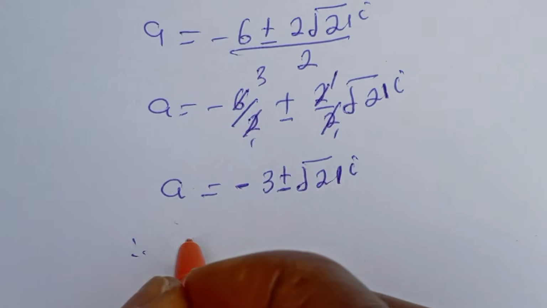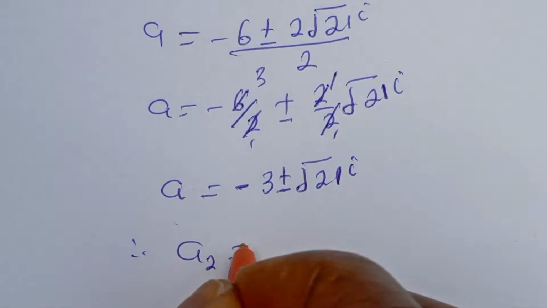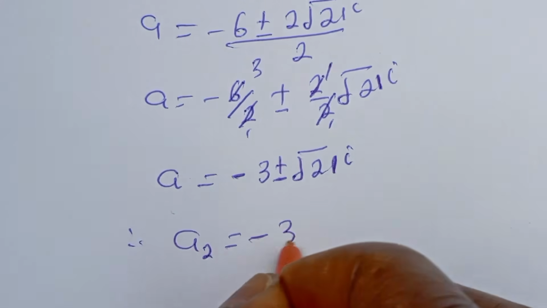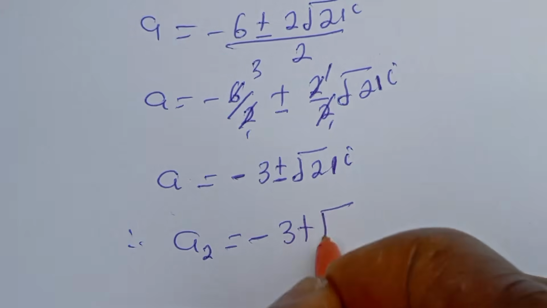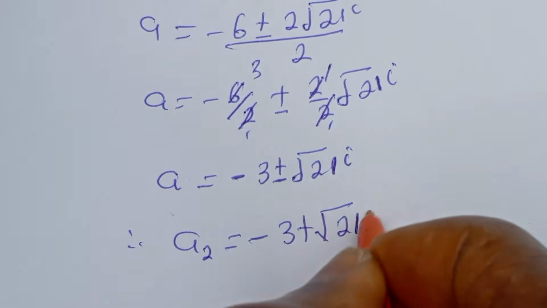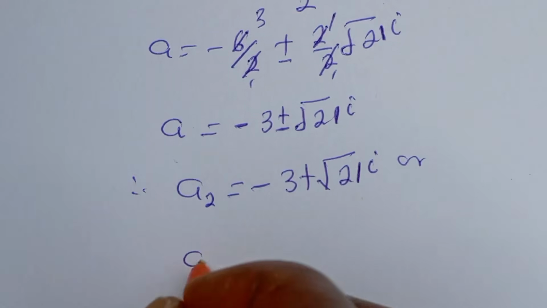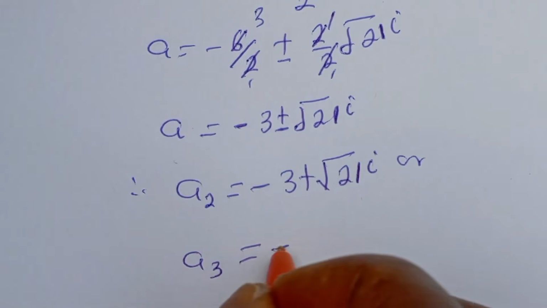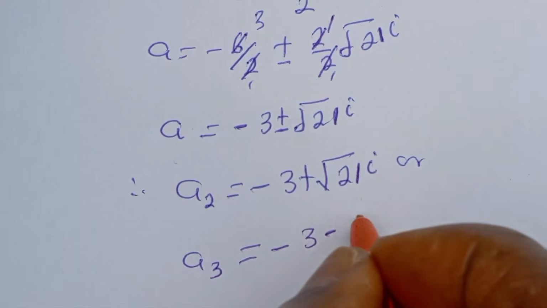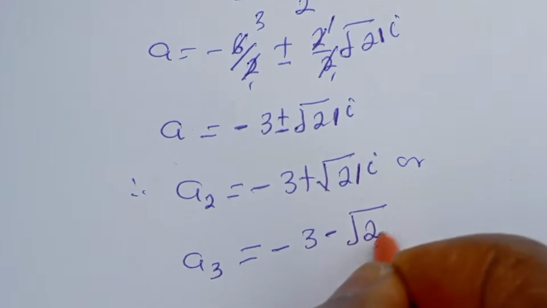Therefore, a2 is equal to minus 3 plus root 21 i, or a3 is equal to minus 3 minus root 21 i.